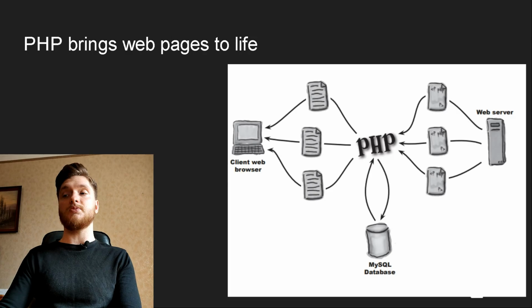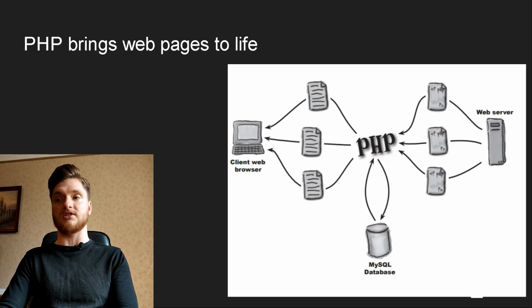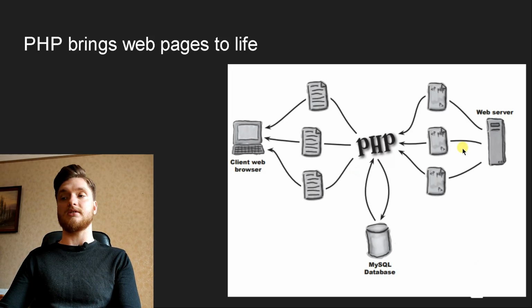PHP scripts are stored on the web server where they are processed and then delivered to the browser as HTML pages. PHP scripts contain both HTML code and PHP script code that determines how the HTML code is manipulated.